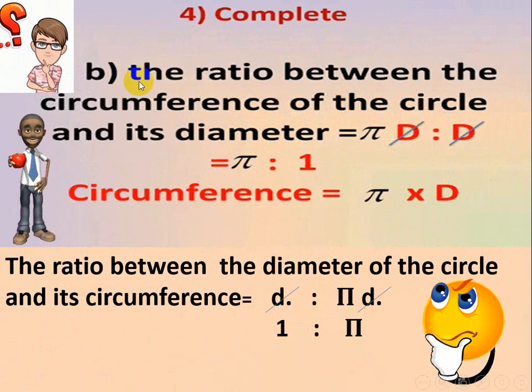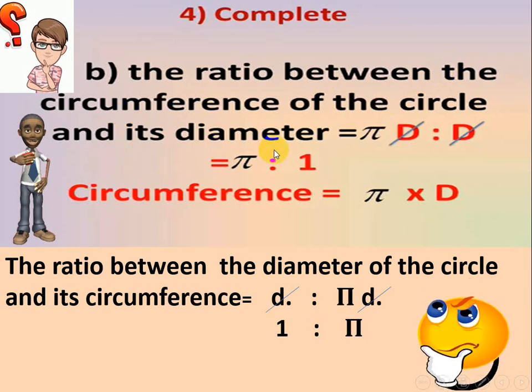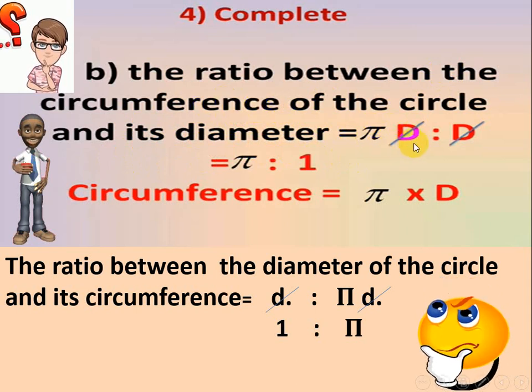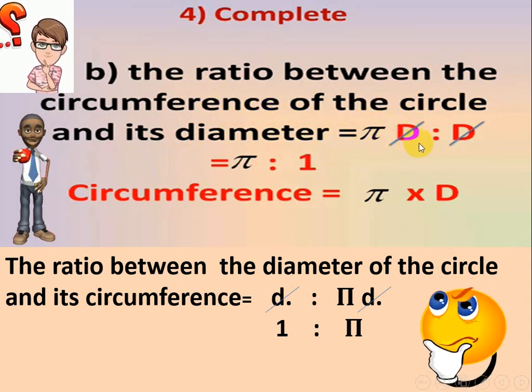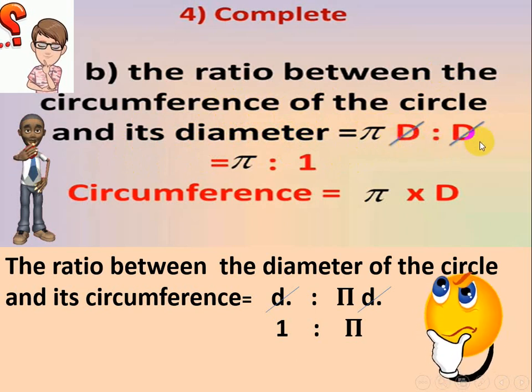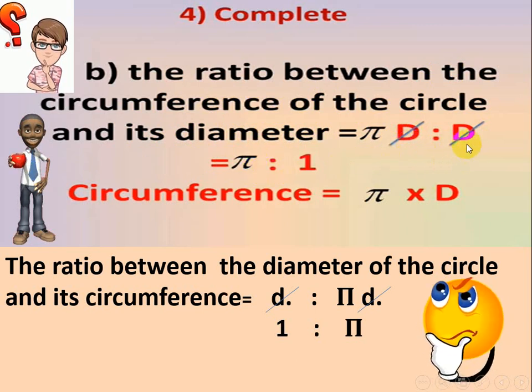Number B, the ratio between the circumference of the circle and its diameter. The circumference of the circle, as we studied before, is pi times d. And the diameter of the circle is denoted d. Pi times d to d. Divide by d, it will be pi to 1, since d divided by d equals 1.